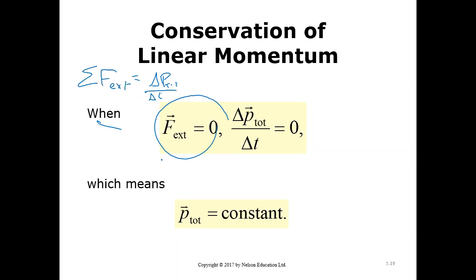When the net external force is 0, we have a special result, because if the left-hand side is 0, the right-hand side should be 0. So that gives us that the time rate of change of total momentum is 0. That means the total momentum is not changing with time. Not acceleration, momentum. The total momentum with time doesn't change.